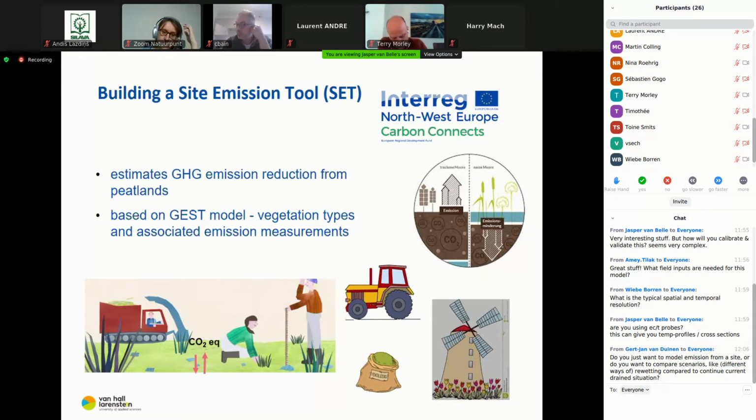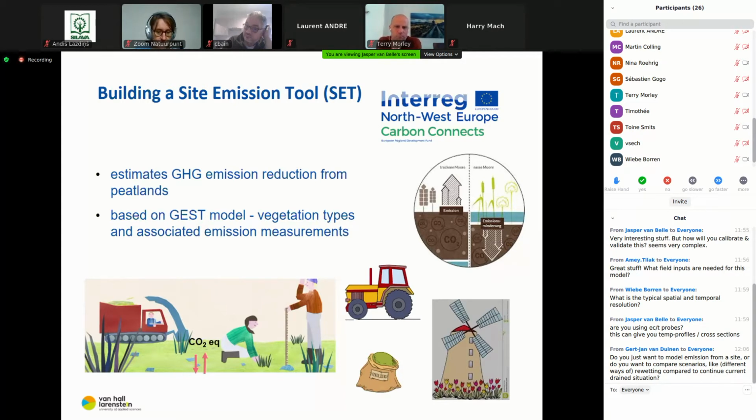A central core element of this is the existing GEST model, which you're all familiar with. But if not, it's basically a database of recorded, measured greenhouse gas emissions or yearly annual emission budgets, which has been broken down into different types of vegetation and the groundwater levels associated with this.